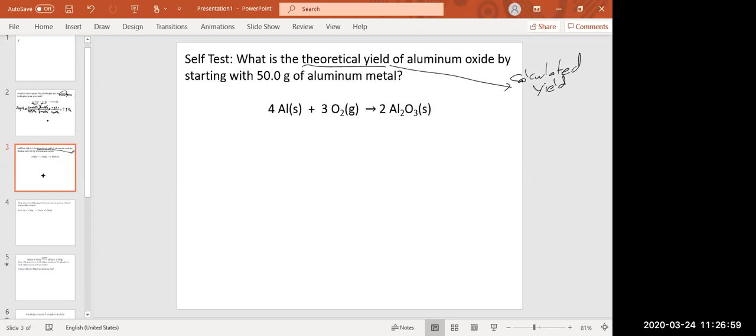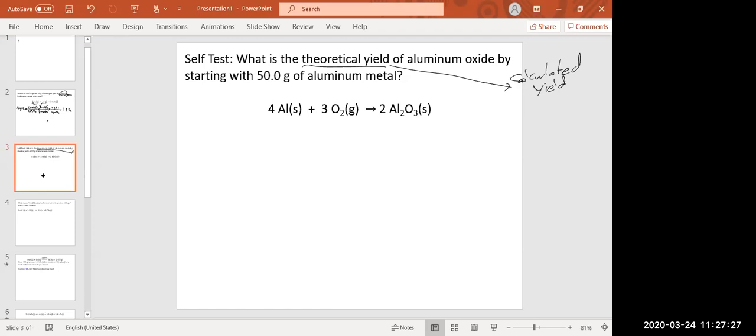You remember, I don't know if you saw this in the PowerPoint slides, they are talking about theoretical yield and actual yield. Actual yield is the real yield that we get after doing the experiment. Theoretical yield is the calculated one, okay? And we will need these if we need to calculate the percentage yield. So, calculated yield.